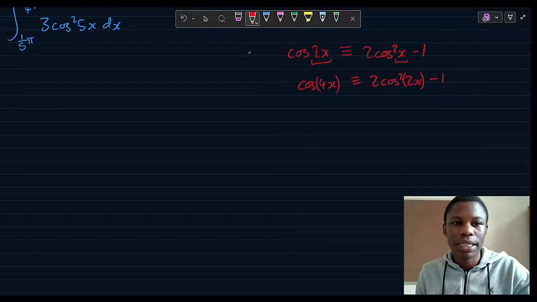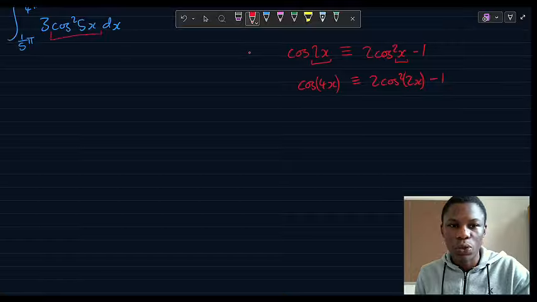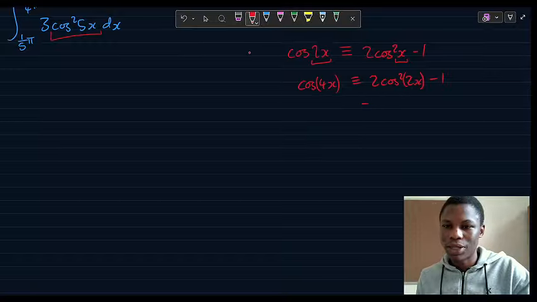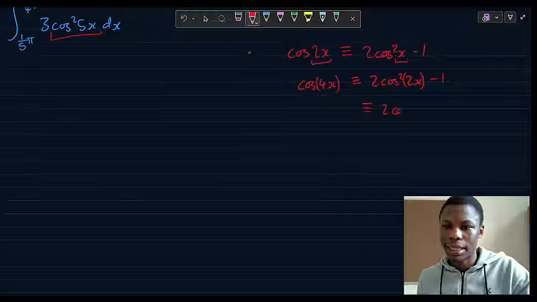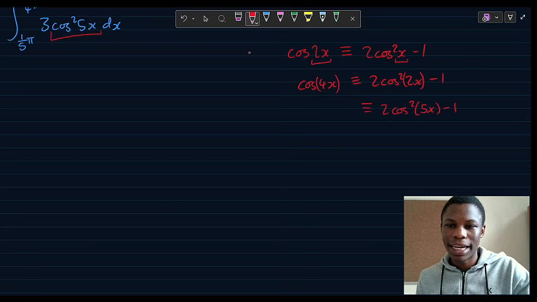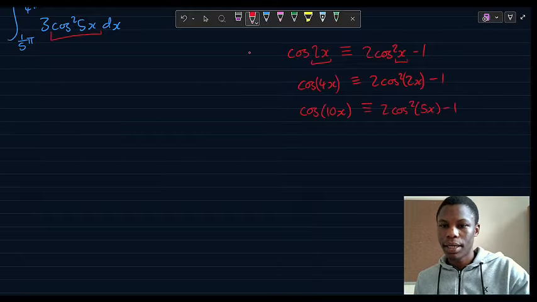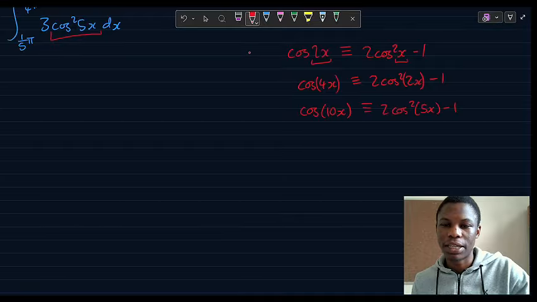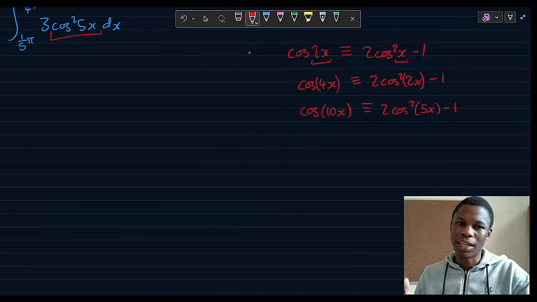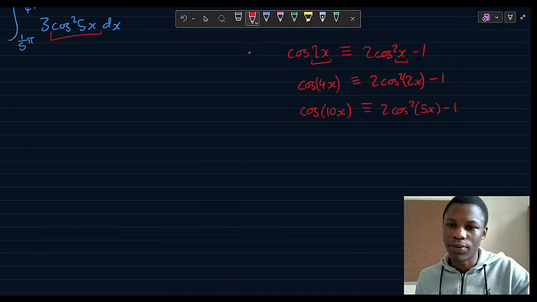So if I want a double angle formula for cos squared 5x, I know that that's going to be on the right hand side, right? I'm going to have 2 cos squared 5x minus 1. The angle on the left has to be double the 5x. So I need to have cos of 10x. And now we're just going to rewrite the cos squared 5x in terms of cosine of 10x, because that's a lot easier to integrate than the cos squared 5x.